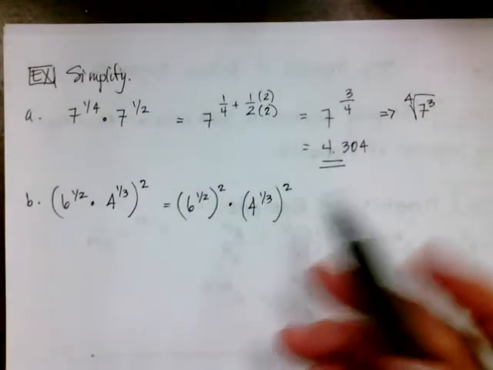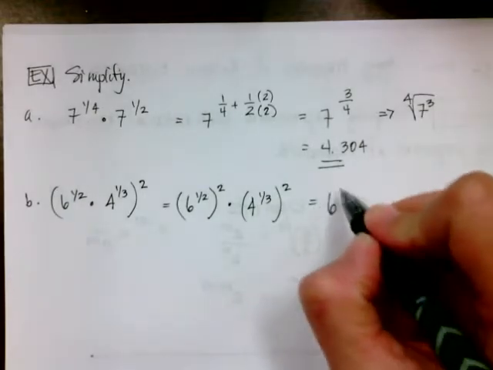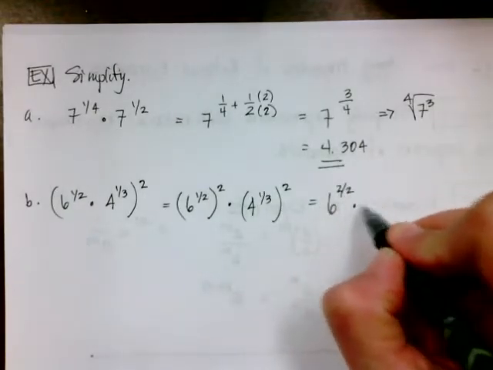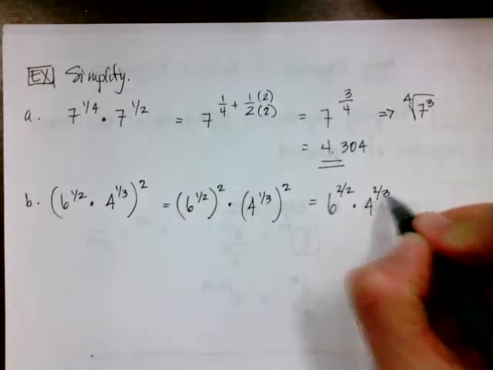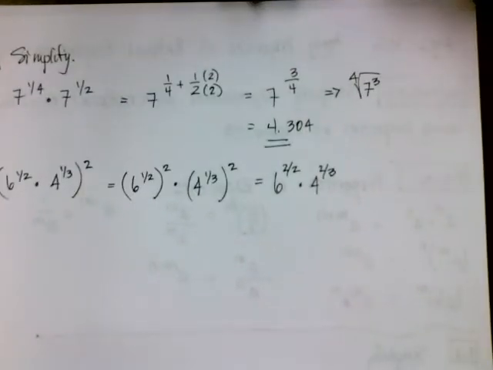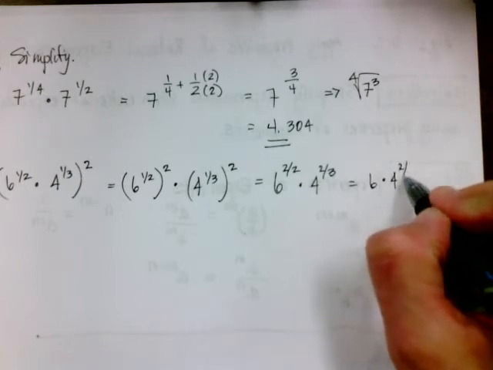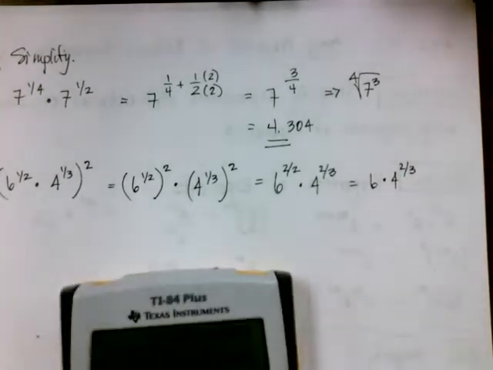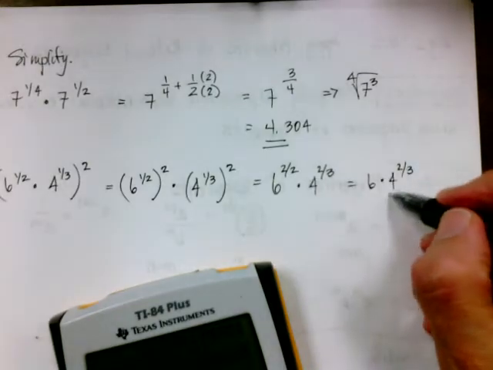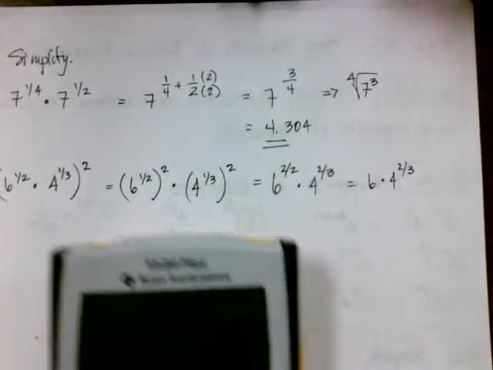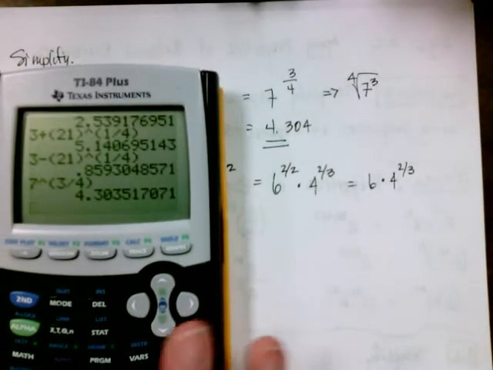So a power to a power is going to be multiply. So this is going to be 6 to the 2 over 2 times 4 to the 2 over 3. Okay? 2 over 2 is 1. So this is going to be 6 times 4 to the 2/3. Okay, remember that the 2/3 only applies to the 4 because it applies to what's directly in front of it.